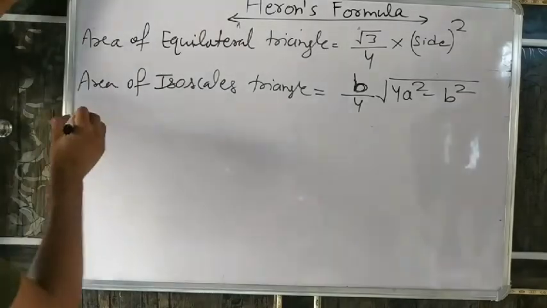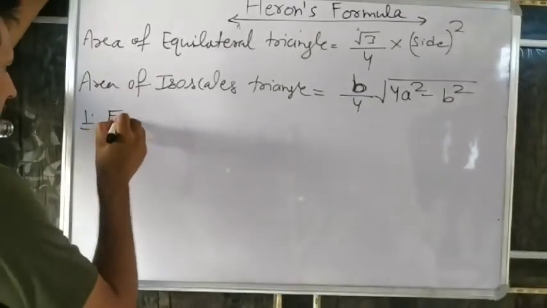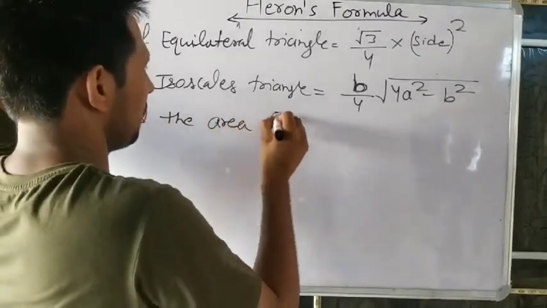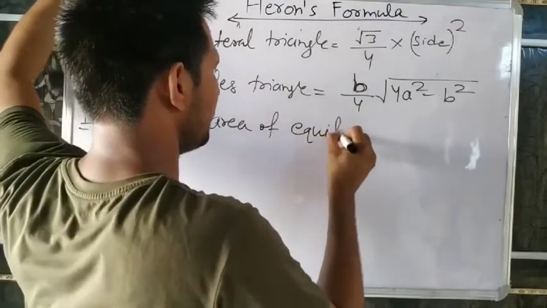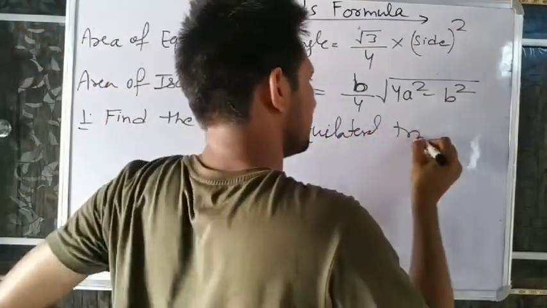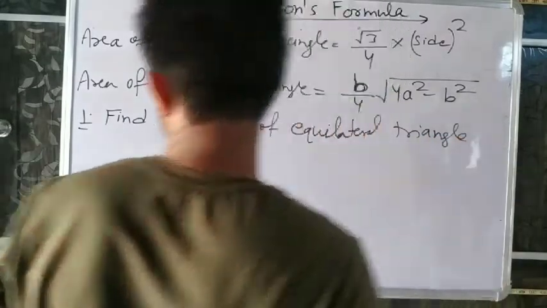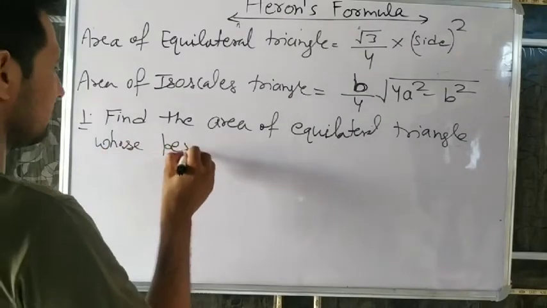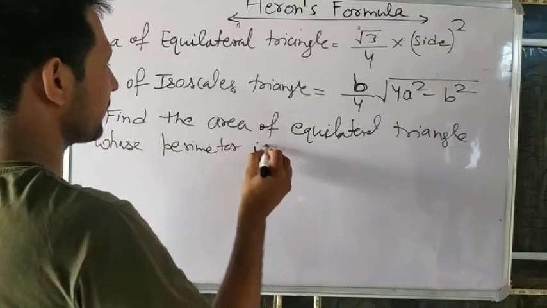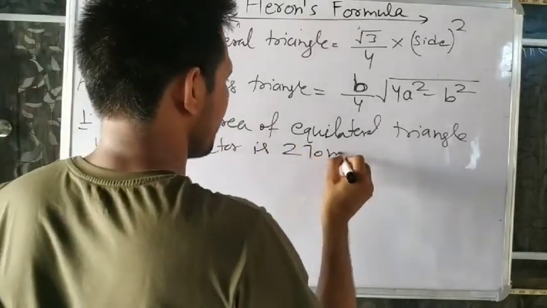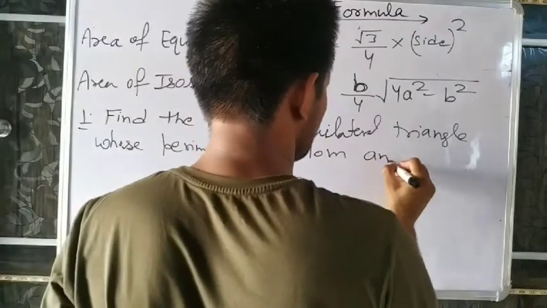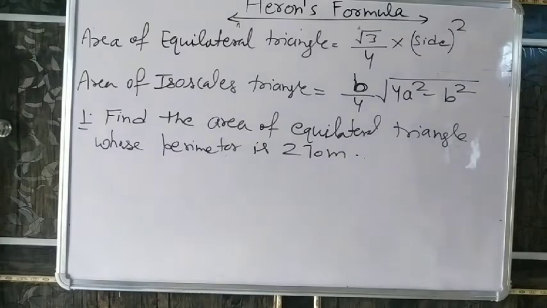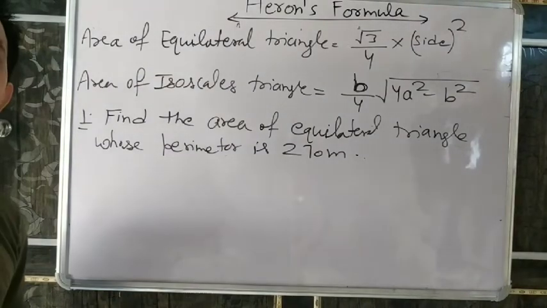First question is: find the area of an equilateral triangle whose perimeter is 200 centimeter. Find the area of an equilateral triangle whose perimeter is 200 centimeter.